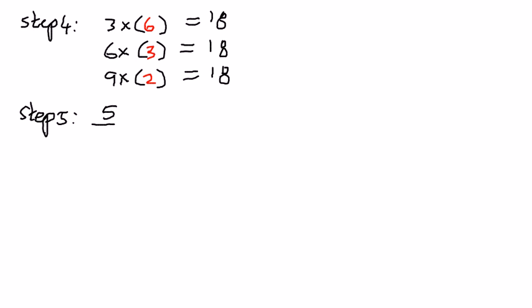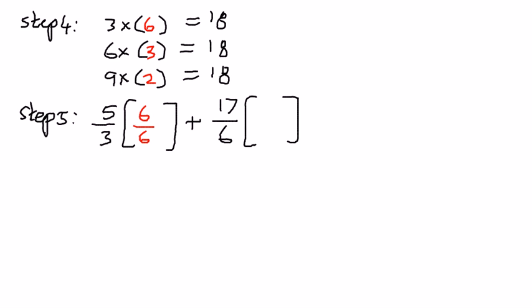5 over 3, the first fraction: we're going to multiply and divide by 6 here to make the denominator equal to 18. 3 times 6 is 18. Then we take the second fraction, 17 divided by 6, and we multiply and divide by 3, so the denominator becomes 6 times 3 is 18.